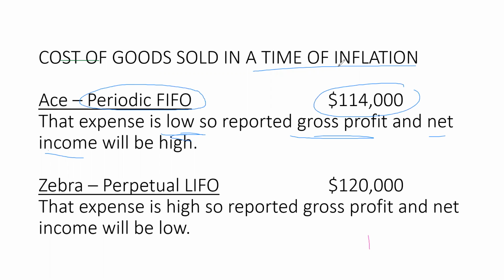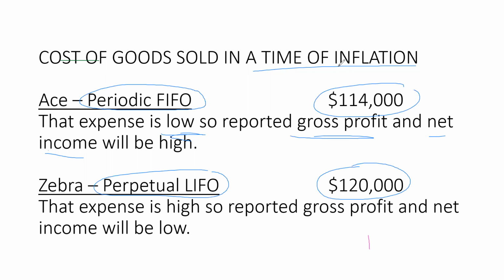That number is low. So therefore, the gross profit and the net income, if you have inflation, will tend to look high. On the other hand, Zebra is using perpetual LIFO. They're keeping up with these things as they go along. And anytime they sell anything, they move from inventory to cost of goods sold the latest purchase, and they will report 120,000. There is no difference in these two companies. They just look different by the way they're keeping up with the inventory.